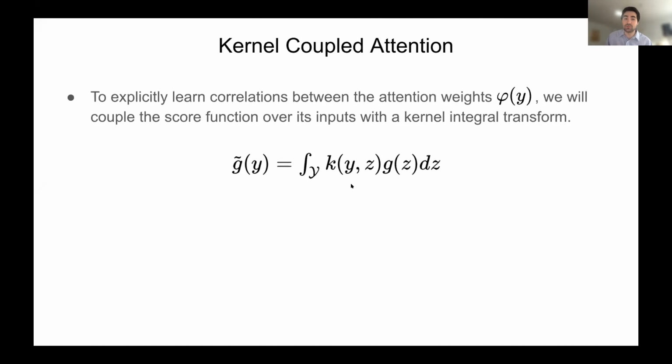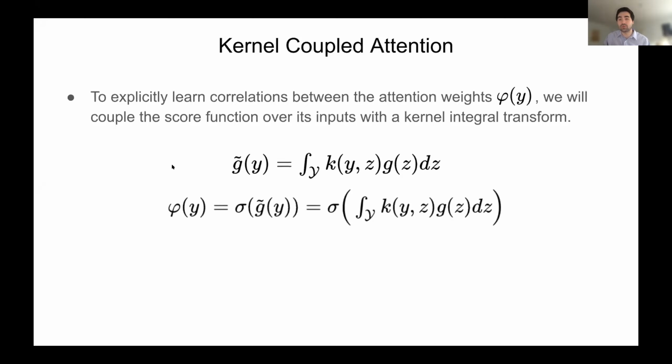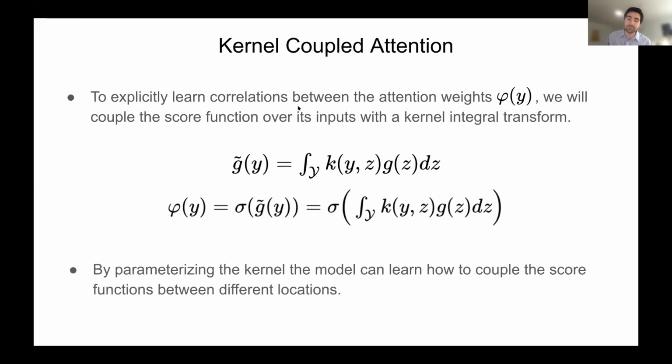This will allow us to form a new score function, which we'll call g tilde. And then this in turn will be normalized to form our probability distribution for that particular output query. And if we give this kernel a parameter, then we would allow it to learn potentially any kind of structure that would be present in correlations between the values of the output function.